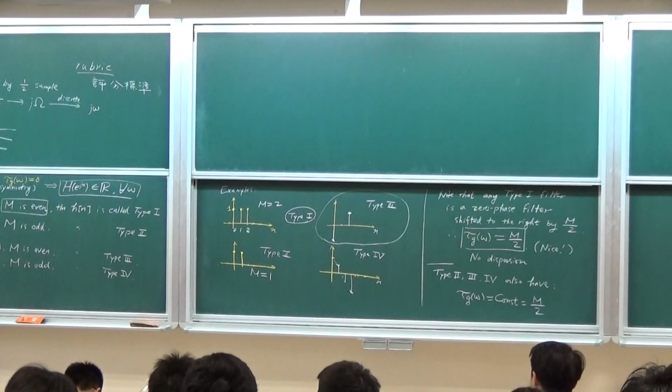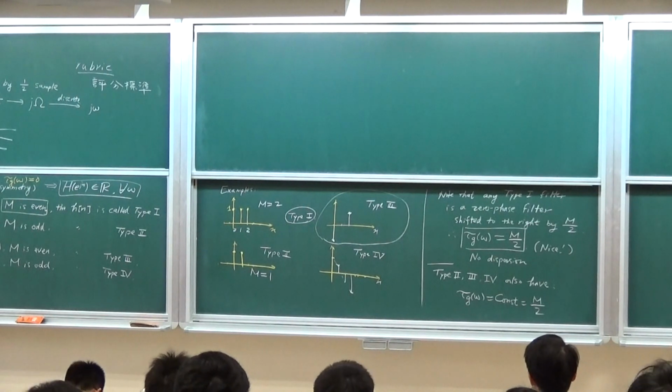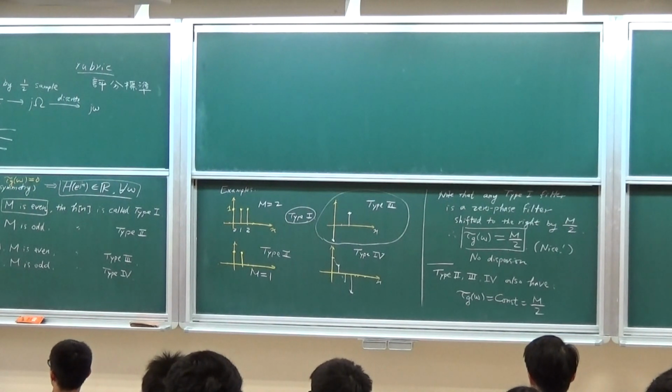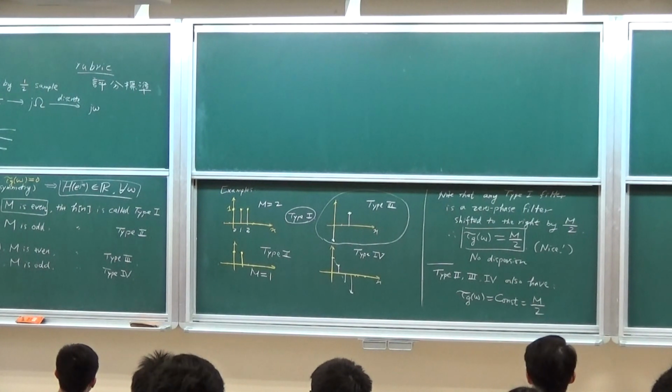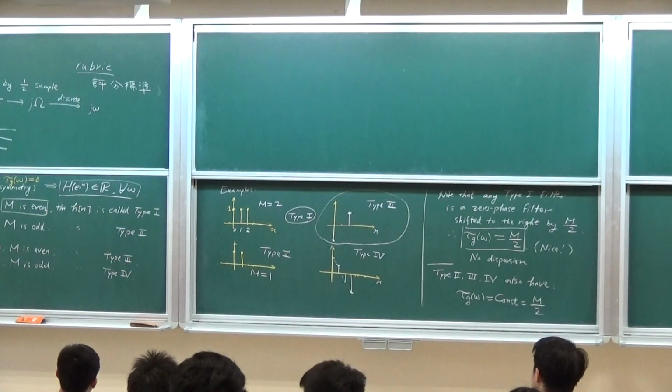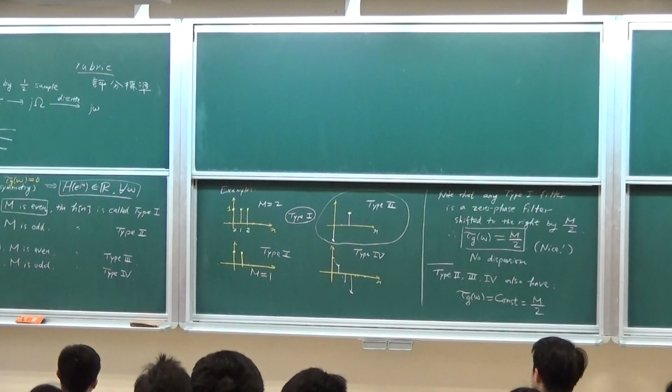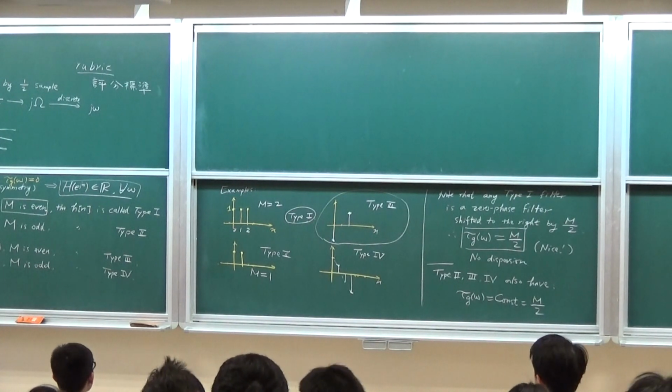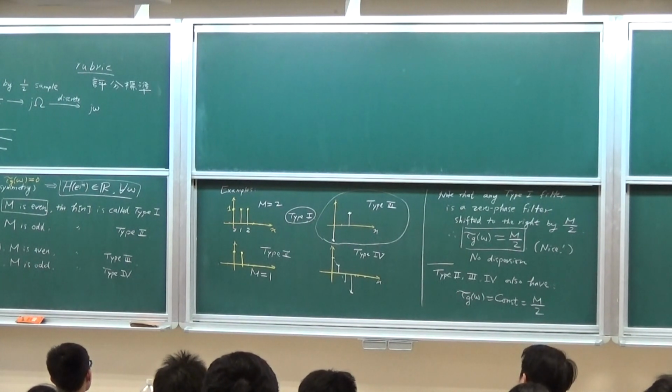Yeah, certainly something to do with the symmetry, right? So what happens in the frequency domain when we have this symmetry, this anti-symmetry? Any suggestion? Okay, good point. There is a symmetry and you mentioned conjugate, right? What's conjugate?